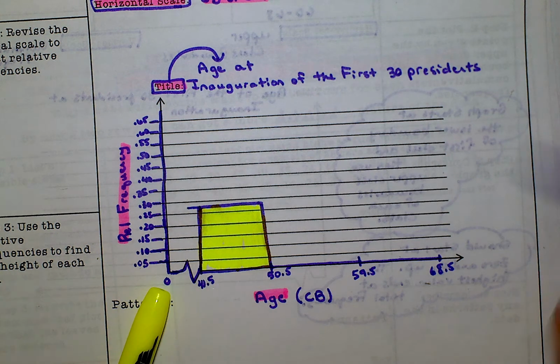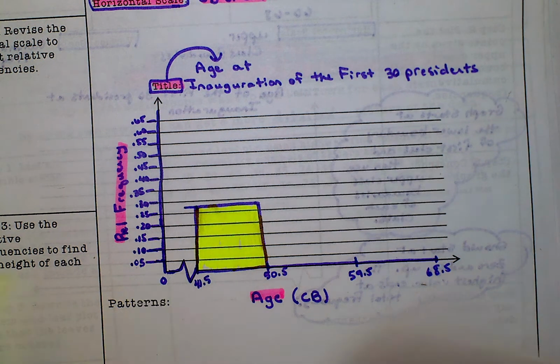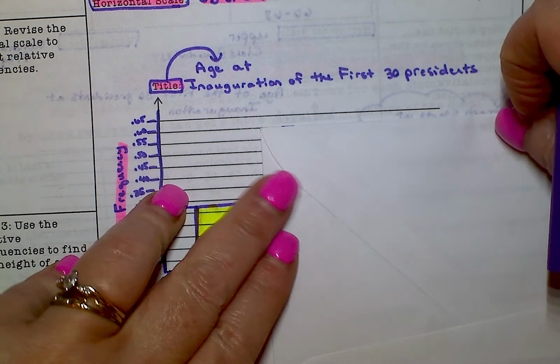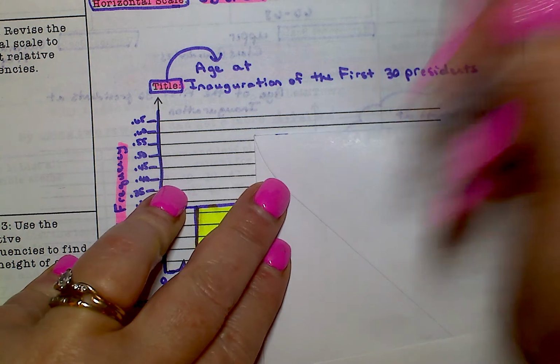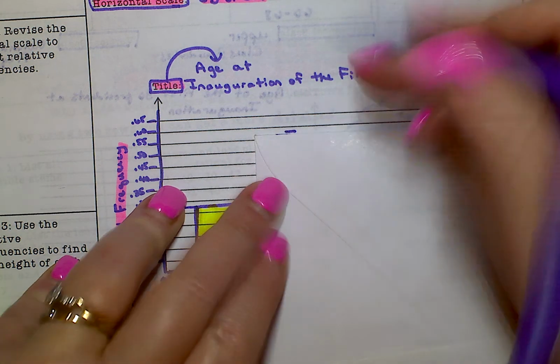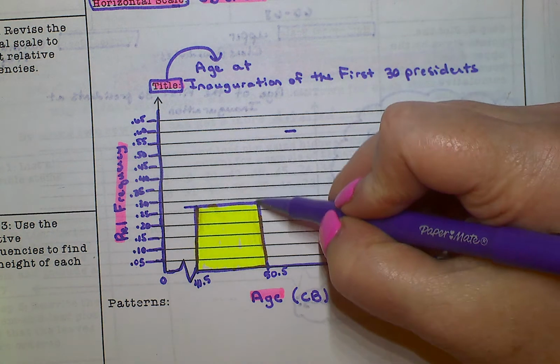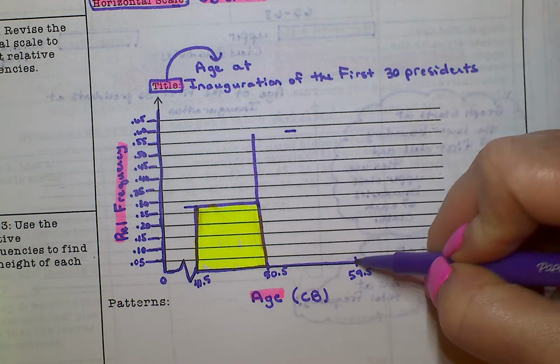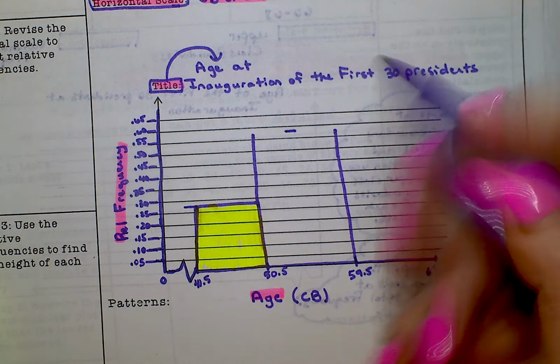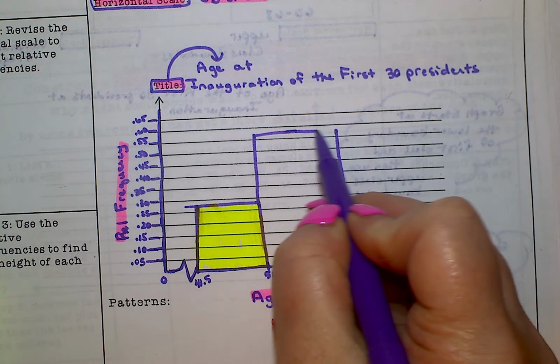Okay, the next bar would go to about 0.57. So I'm just going to try to go somewhere in the middle of that. Draw that bar going up, up, and then just connect horizontally.